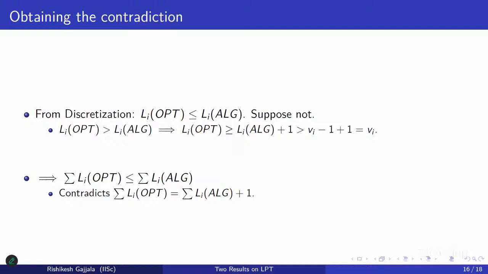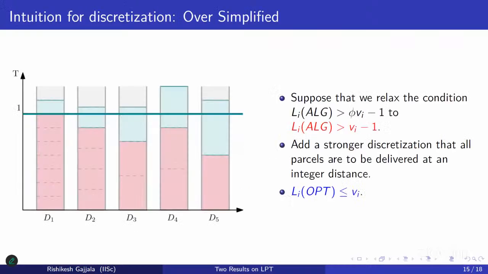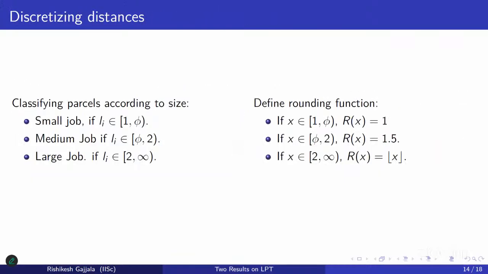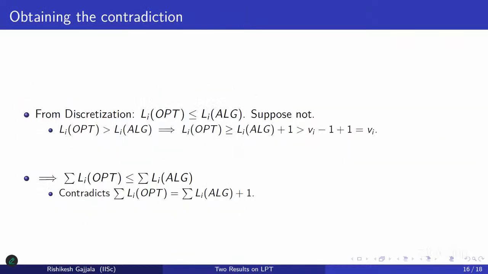And we know from the earlier red observation that Li of alt plus 1 is at most vi minus 1 plus 1, which is vi. And the fact that Li of opt is greater than vi contradicts our blue observation. This concludes that Li of opt is at most Li of alt for all drones.